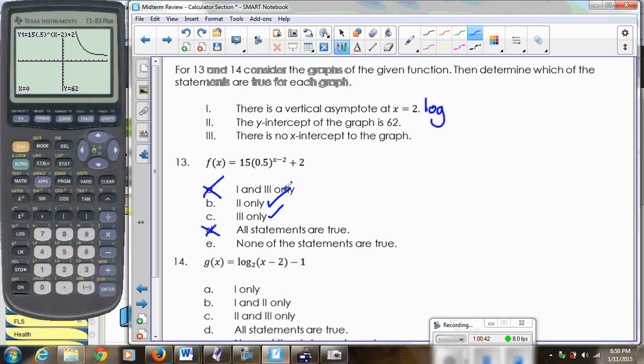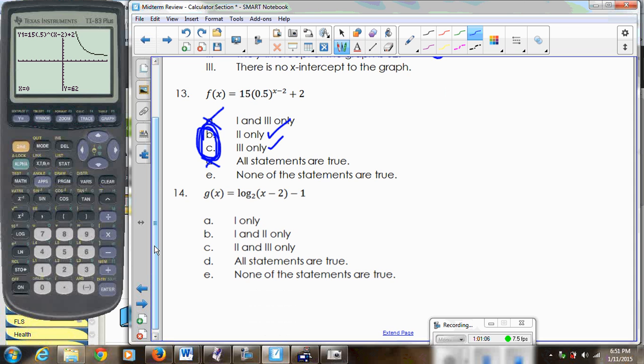I think I forgot to adjust this problem, because 2 of these things are true. So in terms of the choices that you have available, it actually would be B and C. I think there's a mistake here. B and C are both correct. So I apologize for that if that was confusing to you.